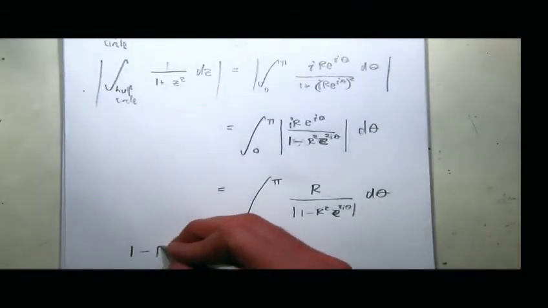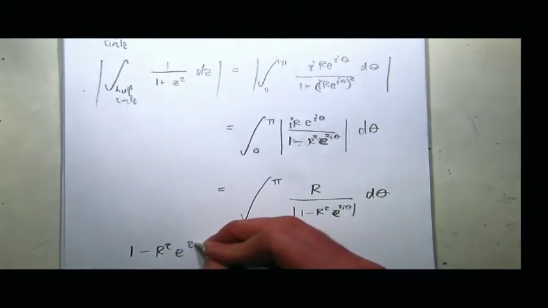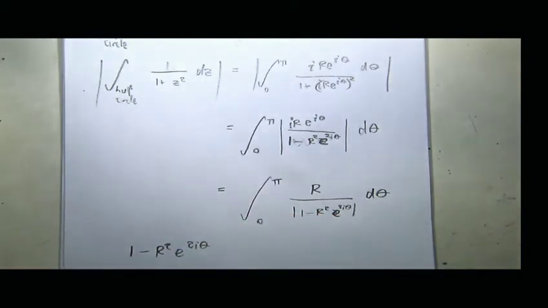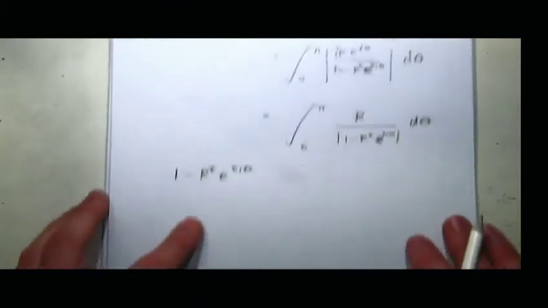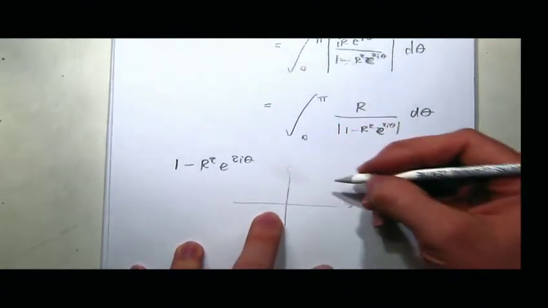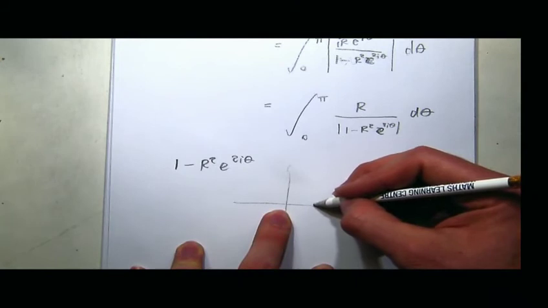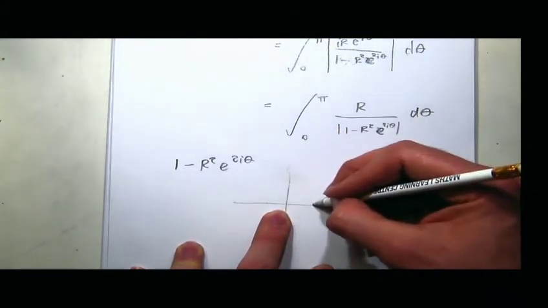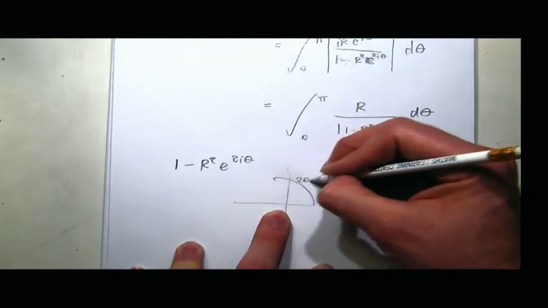So 1 minus r squared e to the 2i theta is a complex number. Let me just think about where that complex number is to try and figure out how long it is. E to the 2i theta would be wherever it is. That'll be 2 theta.